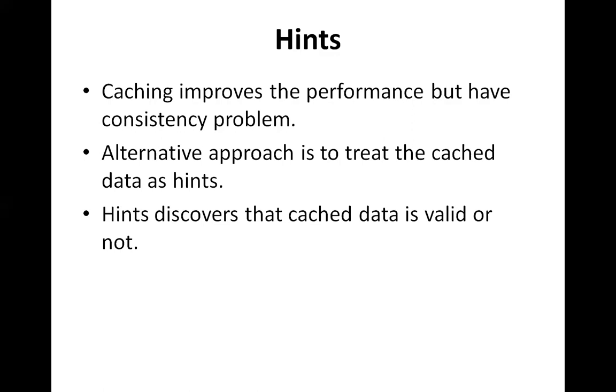So before using the cache scheme, it must be guaranteed that the cache data is valid. It should be up to date, so that whenever any client updates the information, the copy of the updated data must be available to the other clients also, as well as to the file server.